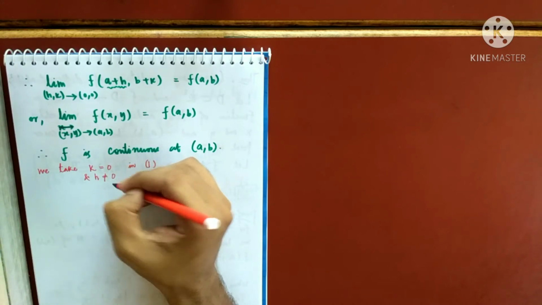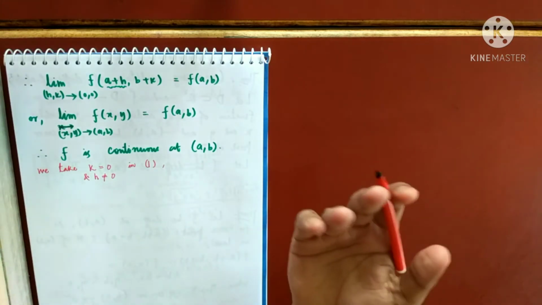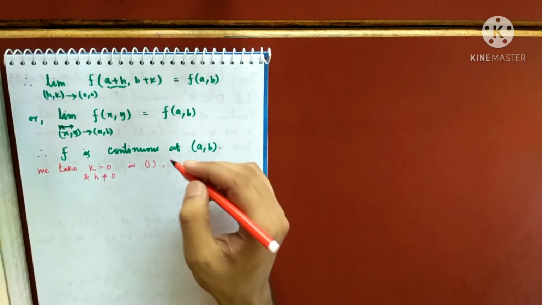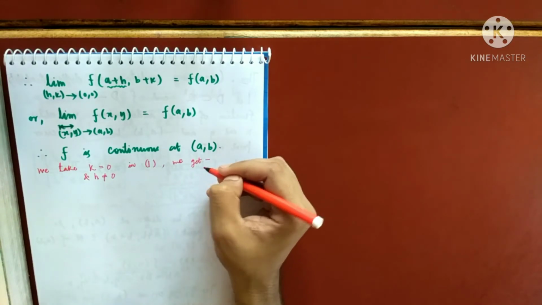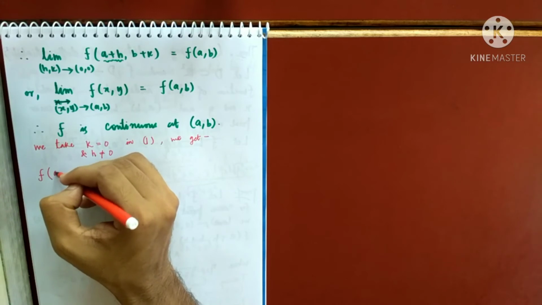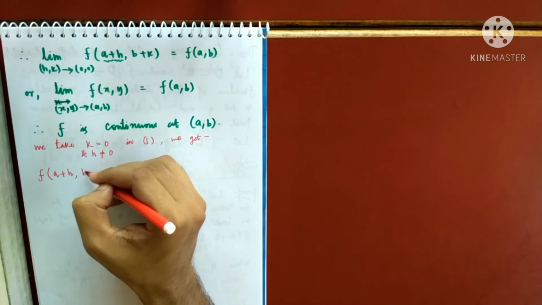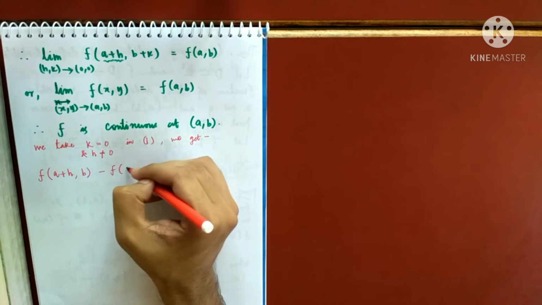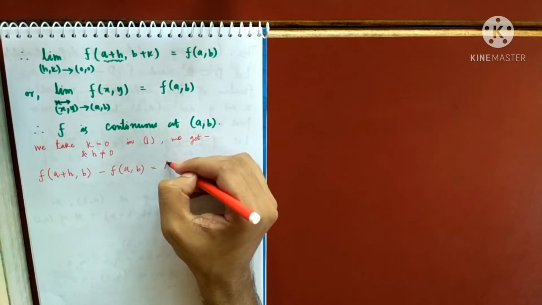H is some non-zero number, because if h is 0, then the increment will make no sense. It will just be 0. We get, so I am taking k equals to 0. What is the left hand side? It was f of a plus h comma b plus k, but k is 0, so it will remain b. F of a plus h comma b minus f of a comma b equals a h.